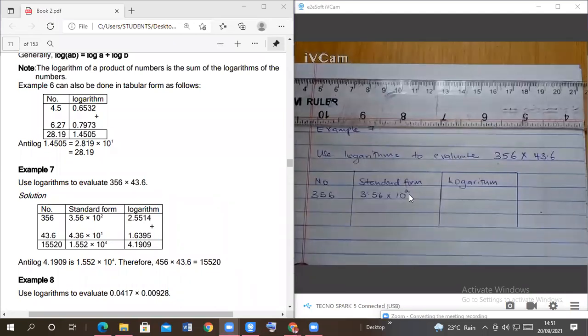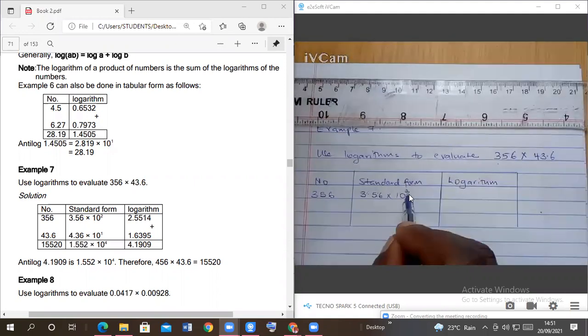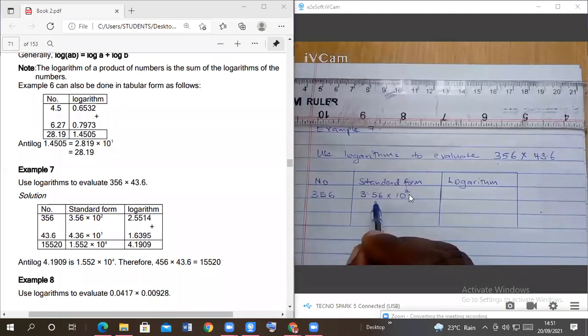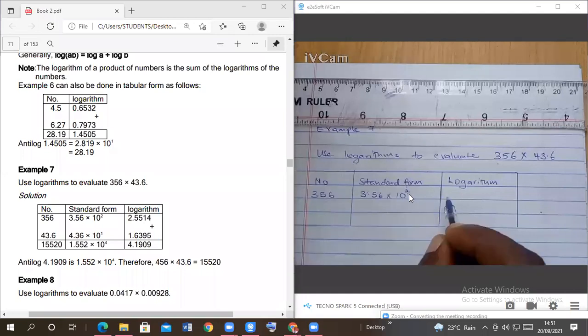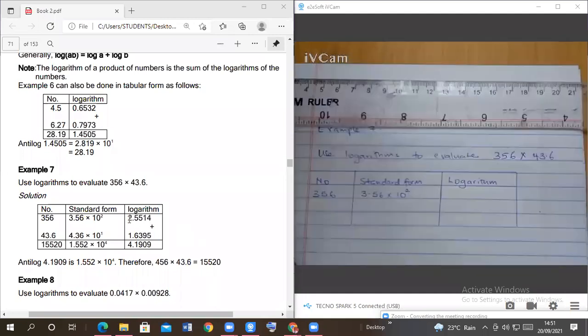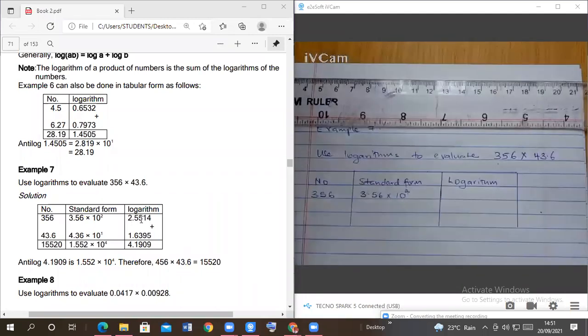Okay, now how do we call this number which is here? This number which is here is what we call the characteristic, and this one is called the mantissa.